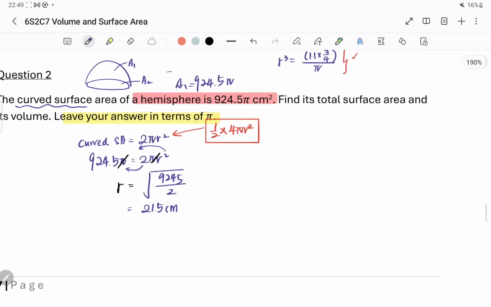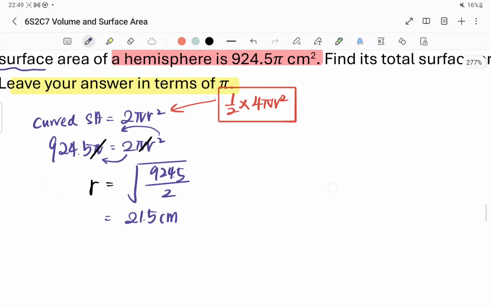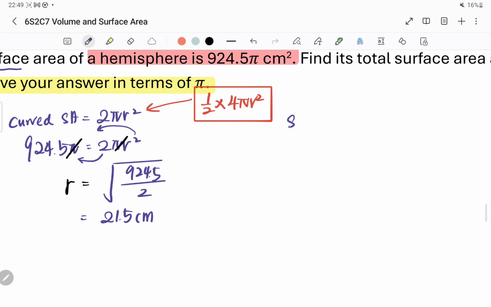Okay, this is the radius. So now the question actually asks to find the total surface area of the whole hemisphere. So again, remember, surface area of a hemisphere is 3 pi r squared. So here, 3 pi times r squared, you should have 21.5 squared.